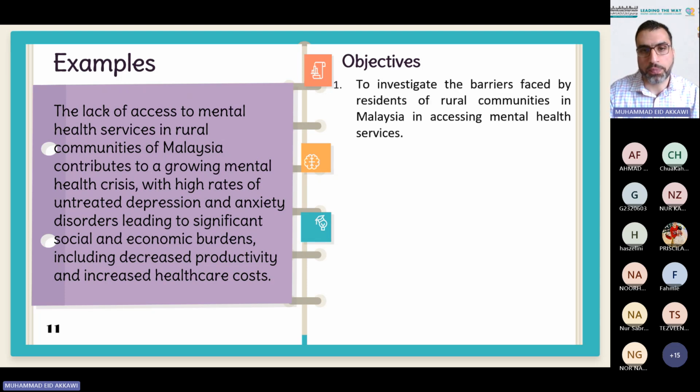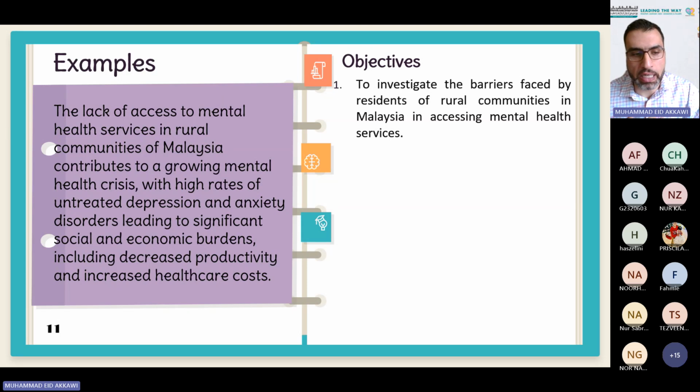So let's see. This one, for example, to investigate. When I use the verb investigate, because this is a systemic inquiry, it will come up with new information. Investigate the barriers faced by residents of rural communities in Malaysia in accessing mental health services.